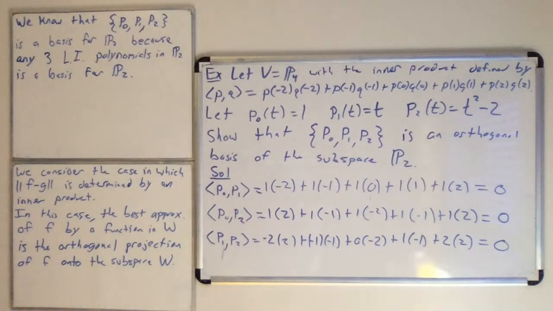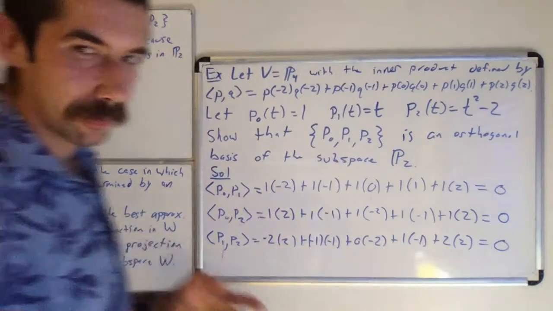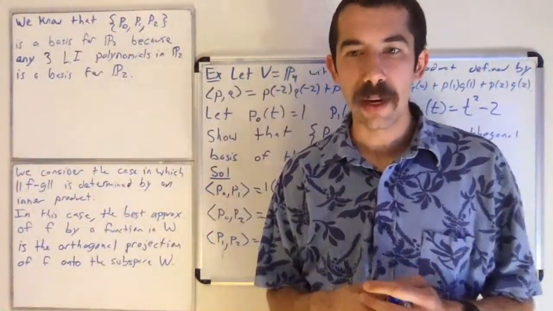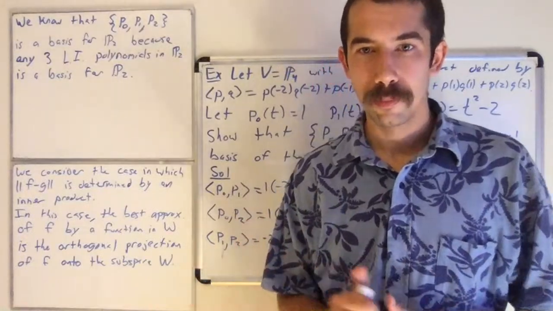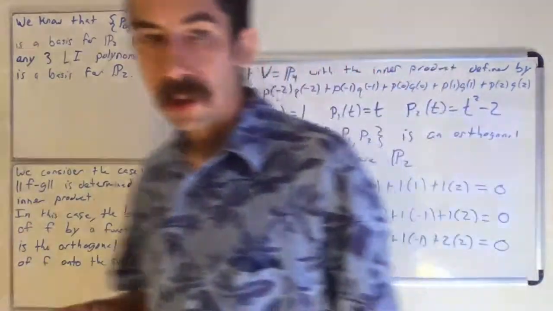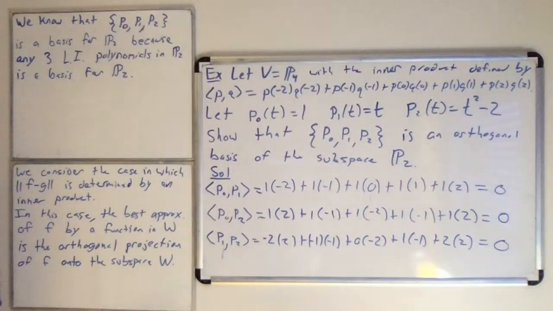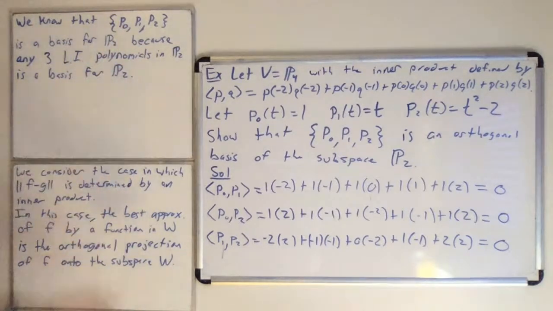Right, and that's because of the dimension. The dimension of P2, we said P2 and R3 are basically the same vector space. So their dimension is 3. So since we showed we had an orthogonal set, we had a theorem that said all orthogonal sets are linearly independent. And since there's 3 of them, it must be a basis for P2.